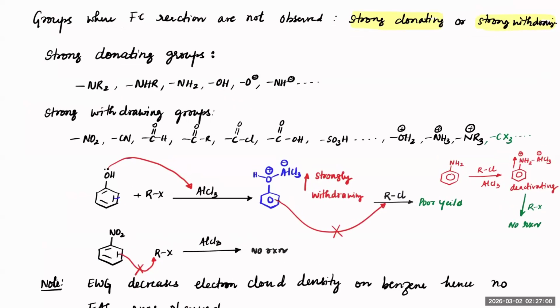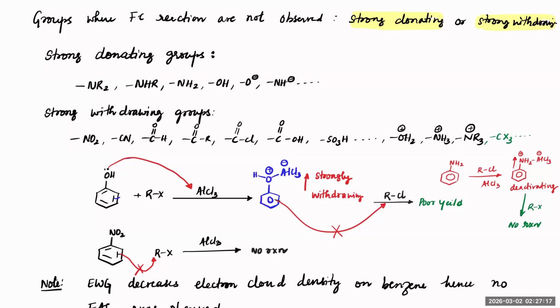First one. If we use the term strong donating groups or strong activating groups, got it? You can see strong donating groups include NR2, NHR, NH2, OH, O minus, NH minus.